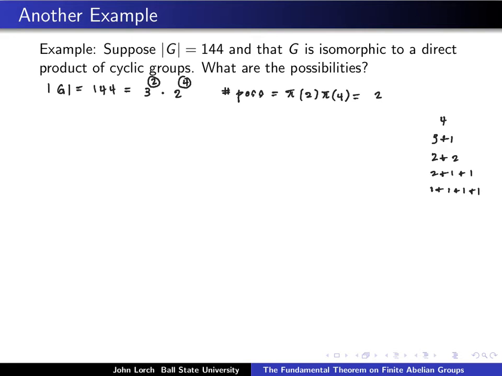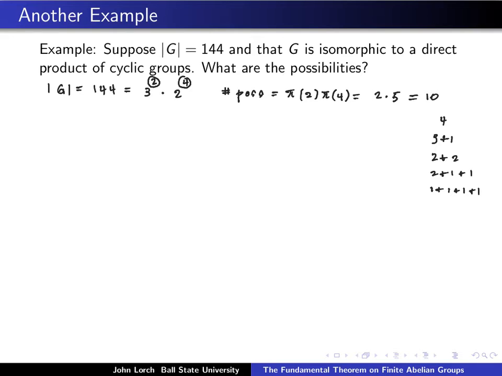So there are 5 ways to write 4 as a sum of positive integers. So the partition function applied to 4 gives 5 as an output. And so the total number of possible non-isomorphic groups of this type is 10. Okay, now that we have the number of possibilities, let's try to write them down.